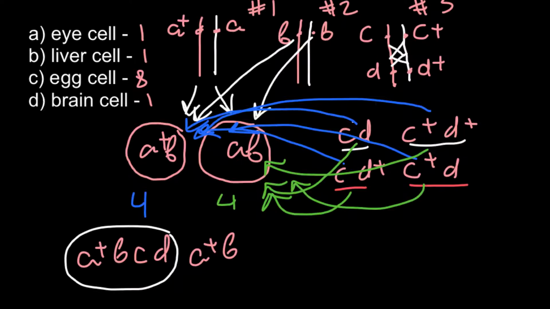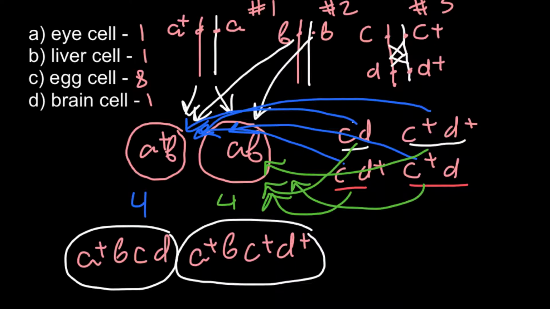So instead of these letters, we can put just chromosomes here. So gametes with different variants of the chromosomes. And C plus D plus would be second variant.